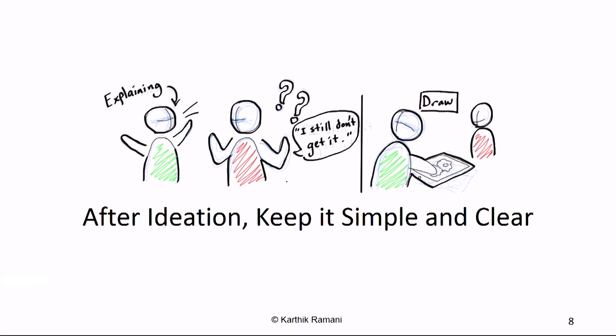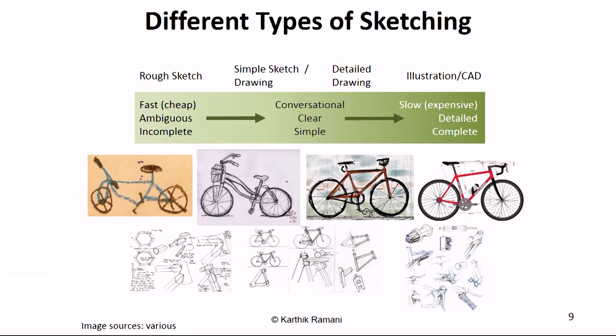We communicate by seeing, by doing. And in this case, sketches communicate by making your ideas in the head come out on the paper. It acts as your external memory, and it's your storage device, and you can explain it out. There are different types of sketches: fast, cheap, ambiguous, incomplete. And being ambiguous can be intentional. By being ambiguous, you can elicit a lot of ideas from different people because they know it's not finalized.